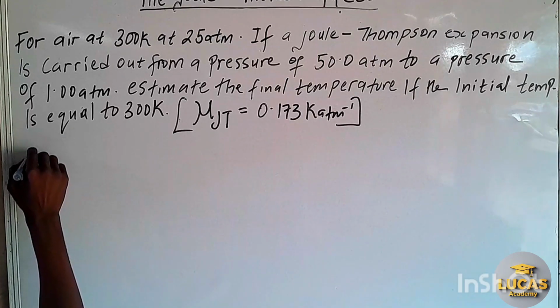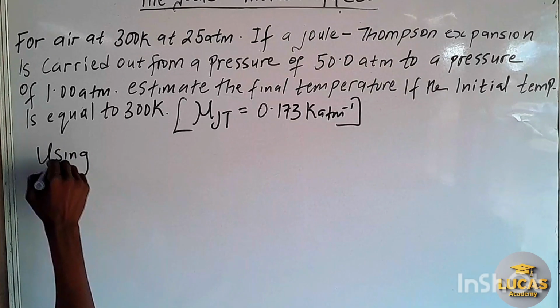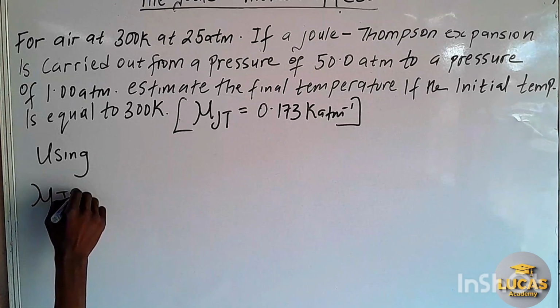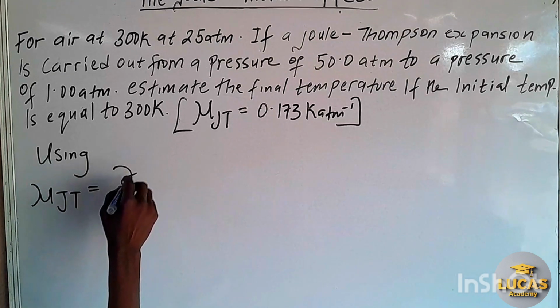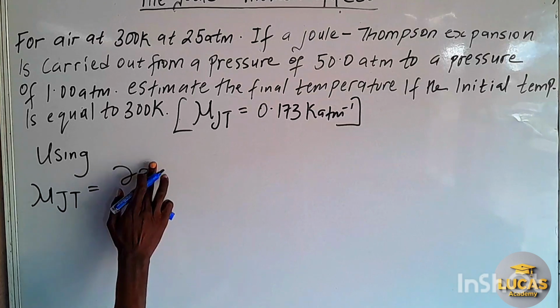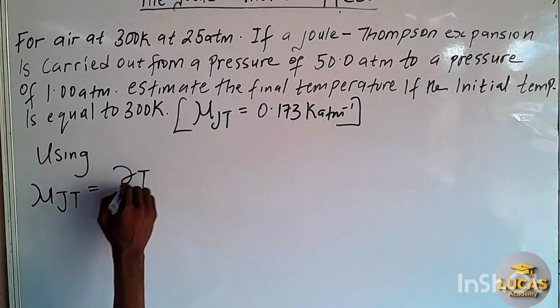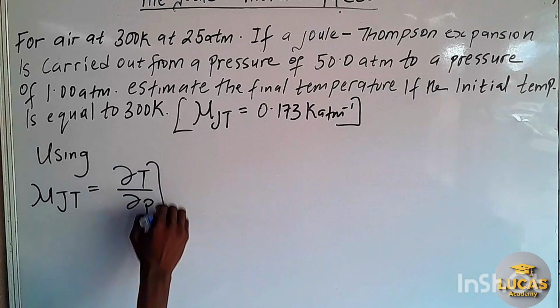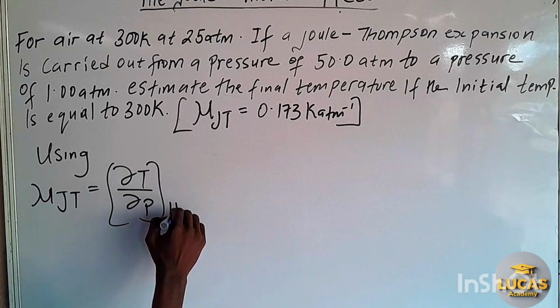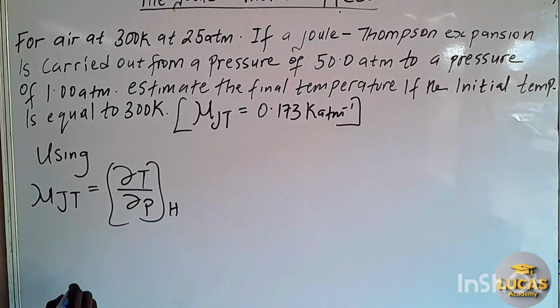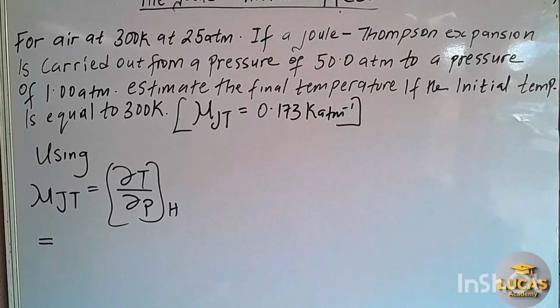So we are going to use this formula: the Joule-Thomson coefficient equals the differential of temperature over the differential of pressure, at constant enthalpy.